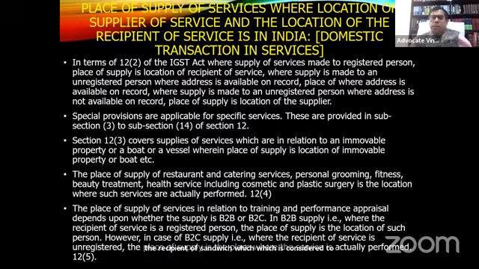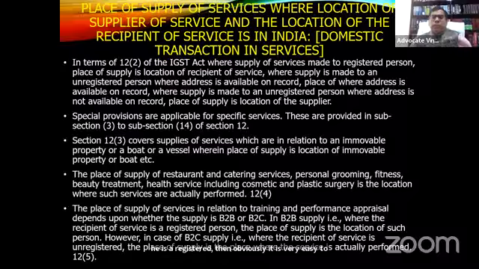Now again, this provision is totally in sync with the destination-based consumption tax principle of the GST. So usually if the seller is in a position to establish the location of the recipient, if he is registered, then obviously it is very easy to find out the place of registration.